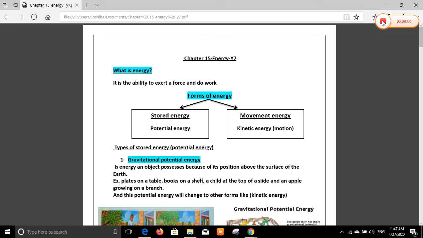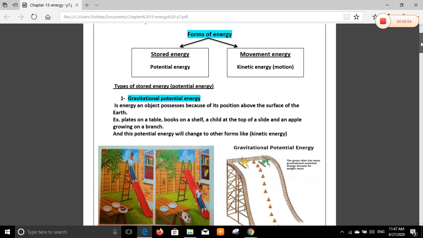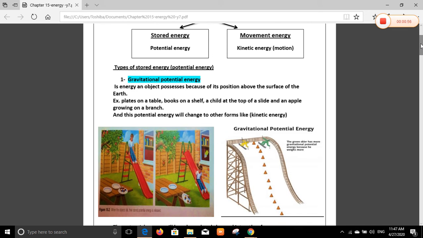Types of stored energy, or potential energy. Number 1, gravitational potential energy. What is meant by gravitational potential energy? Gravitational comes from gravity.